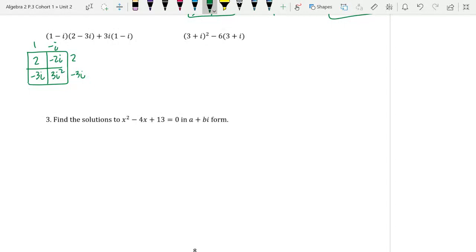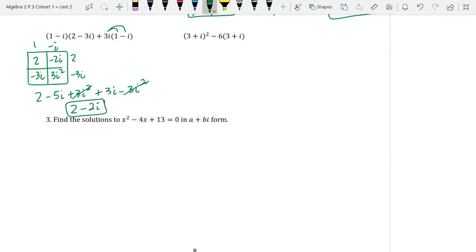So when I write this out, I'm going to get 2 minus 5i plus 3i squared, plus 3i if I distribute, minus 3i squared. Nice for us, the 3i squareds cancel. Combine up your like terms: 2 minus 5i and positive 3i becomes negative 2i. There's your a plus bi form.